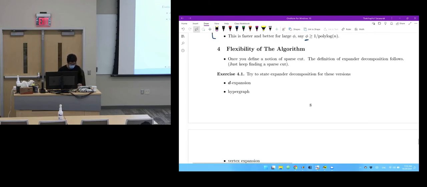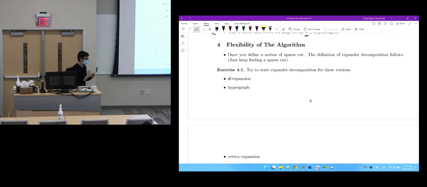I just would like to stress the flexibility of the algorithm for computing expander decomposition that I mentioned in class.